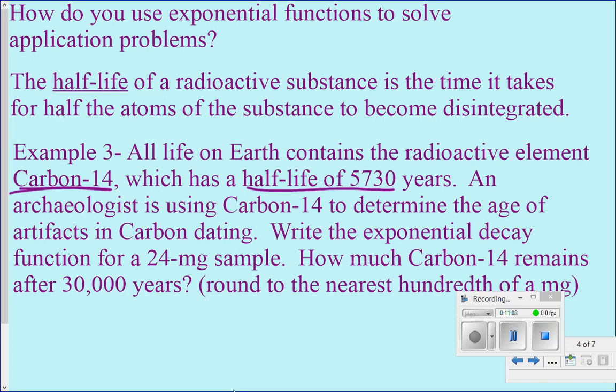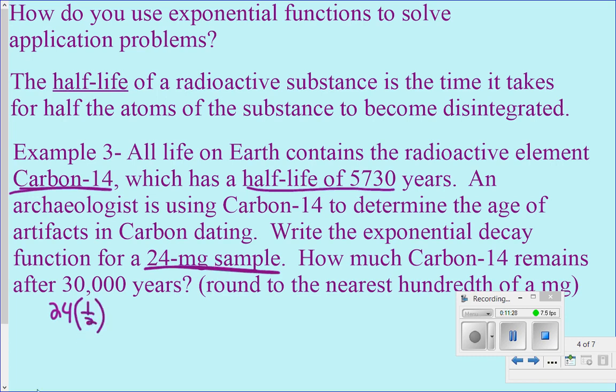So we're going to write an exponential decay function for a 24 milligram sample. That's important as well. We start with the initial amount, 24. And when we're doing half-life, which is what this is about, half-life always uses the multiplier 1/2.